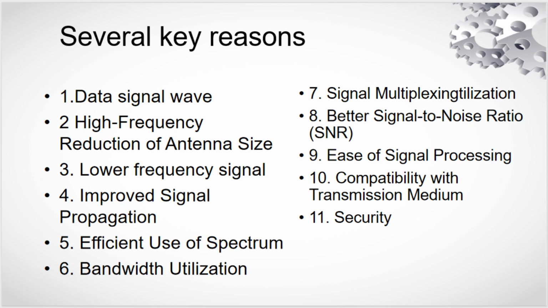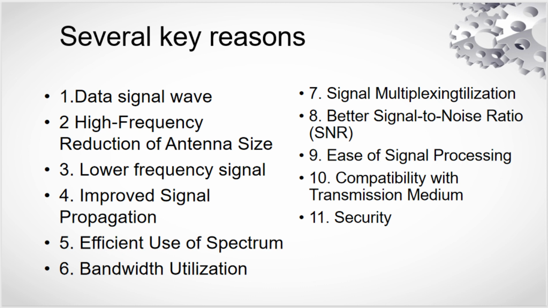Point number 10, compatibility with transmission medium. Media characteristics: different transmission media such as coaxial cable, optical fiber, and free space have different characteristics and require different modulation techniques to optimize signal transmission. And point number 11, security, is another reason in many cases.